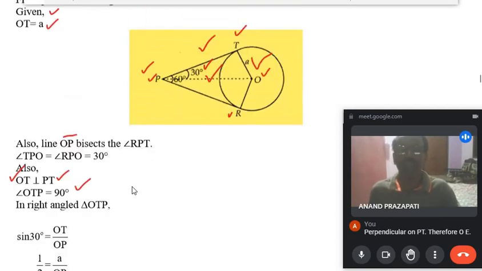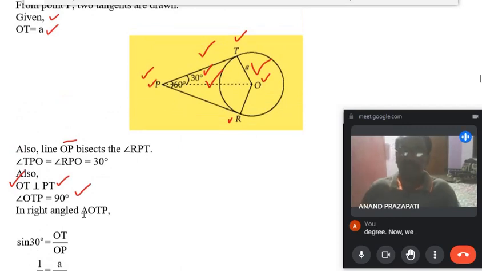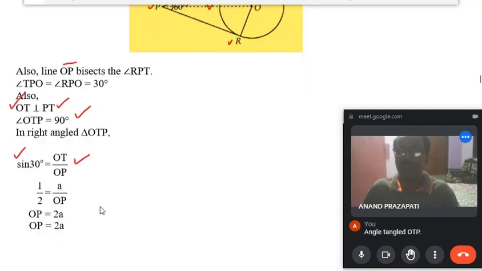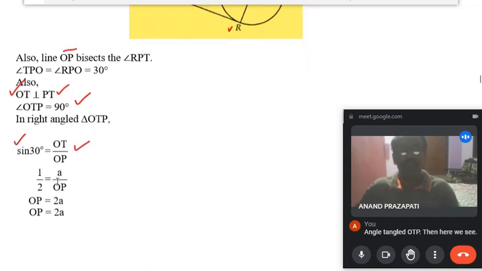Now we consider the right angle triangle OTP. Here sin 30 degrees equals OT by OP, and we know that the value of sin 30 degrees is 1 by 2. The value of OT is A according to the question, by OP.